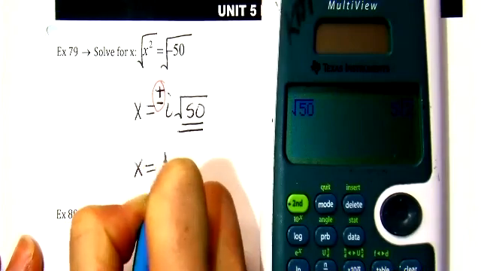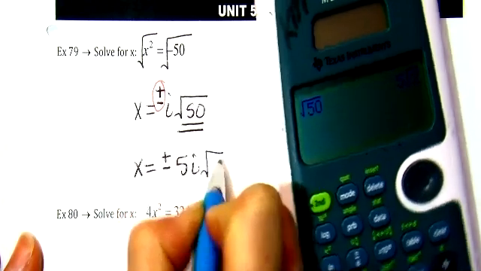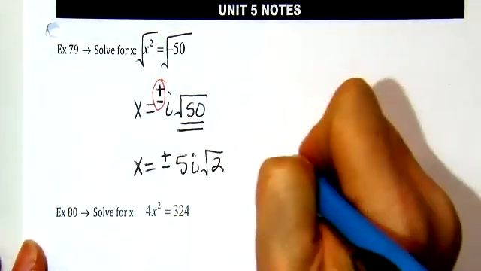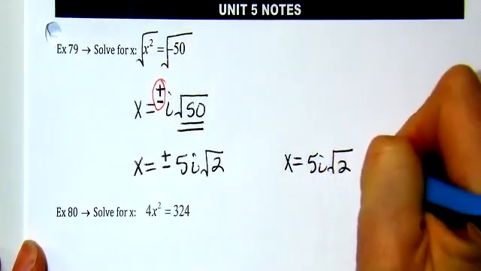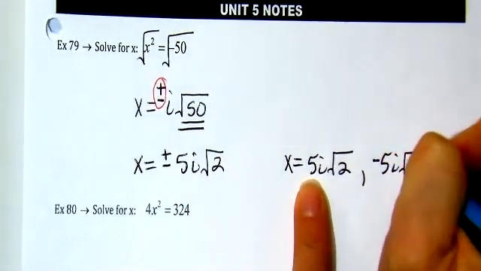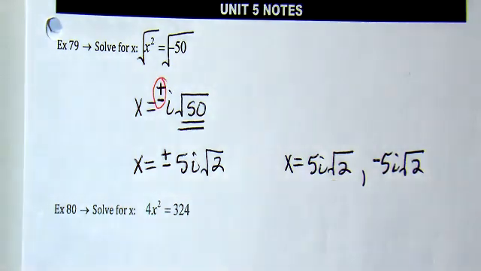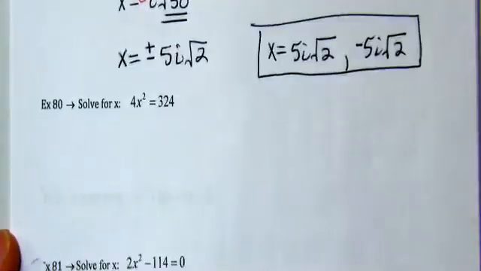So we want to say we have a positive and a negative form of 5i square roots of 2. And so again, in WebAssign, you would have to write this as a positive 5i square root of 2. And the negative form, you're just putting the negative in front of the entire term. And that's how you would write it, by putting a comma in between.